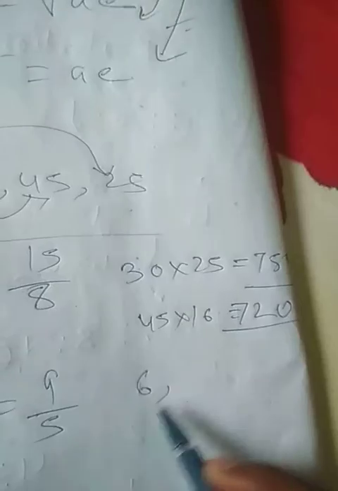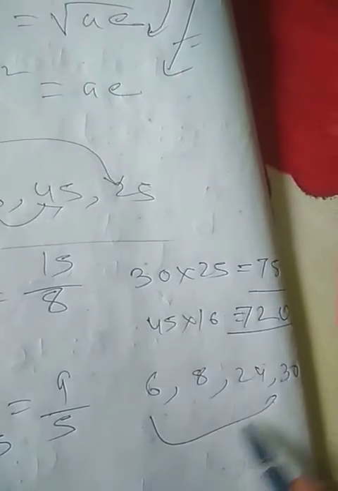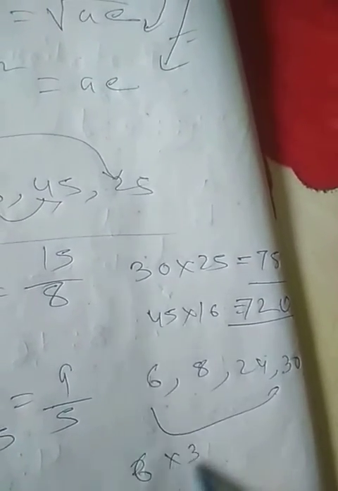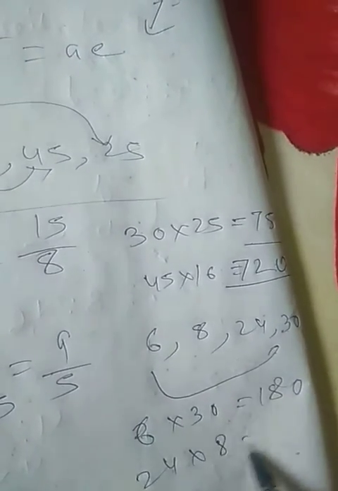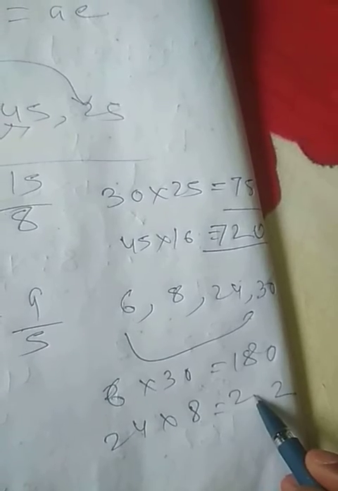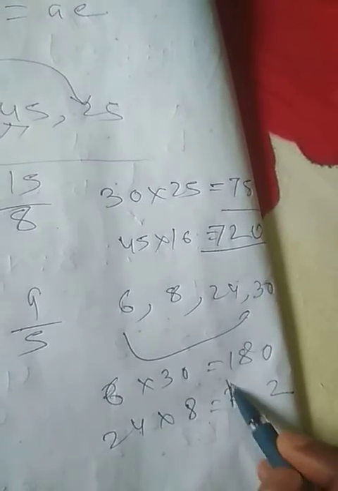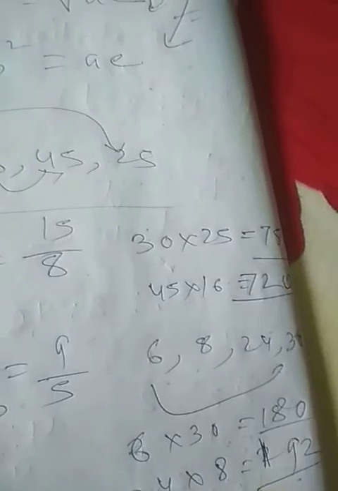Like there is one more number, 6, 8, 24, 30. Multiply it. 6 into 30, 180. 24 into 8, 192. So this is not matching also. That means they are not in proportion.